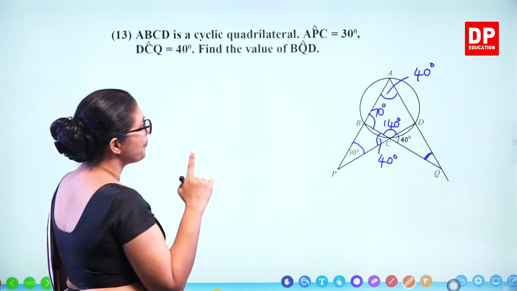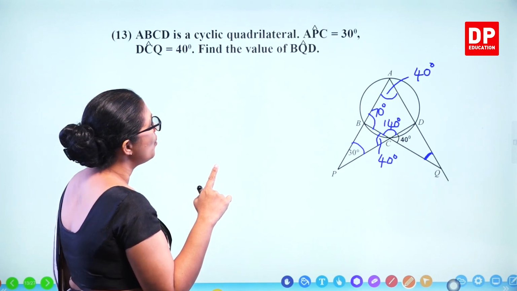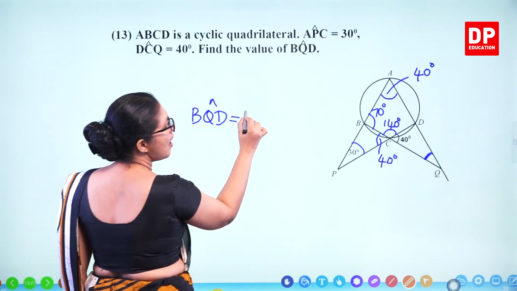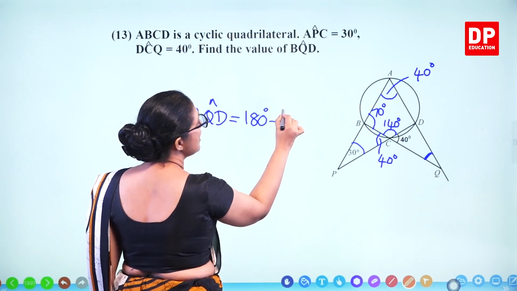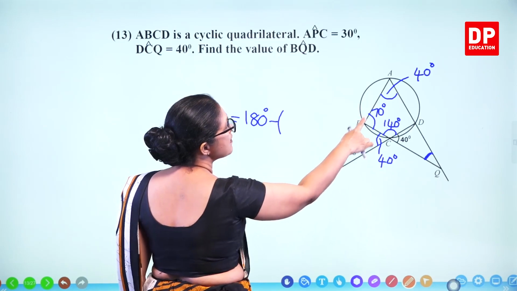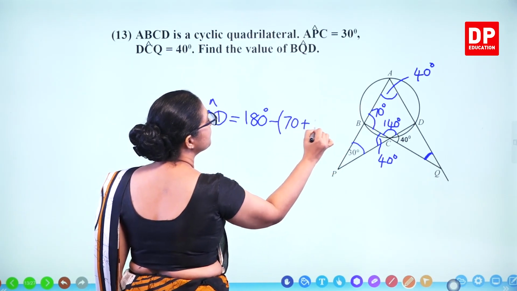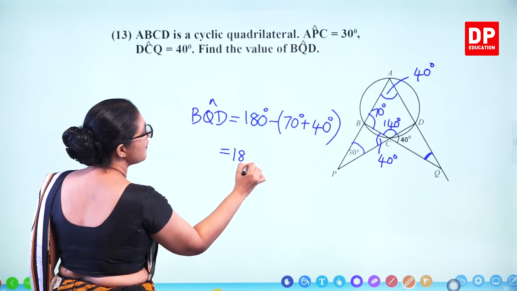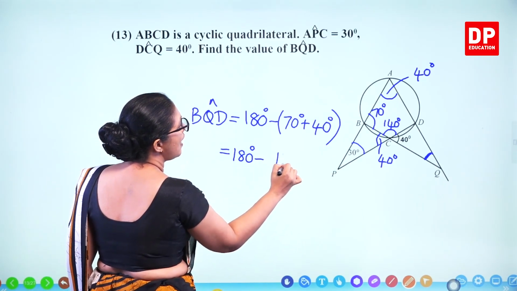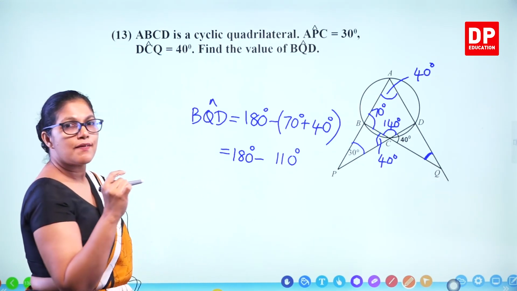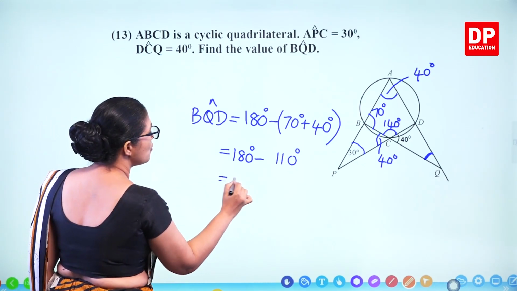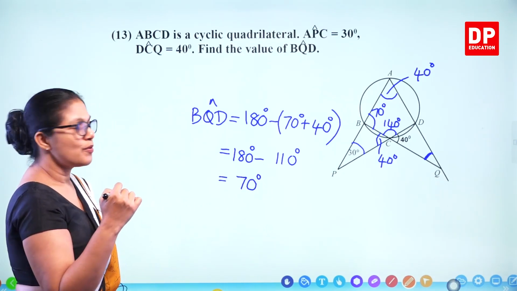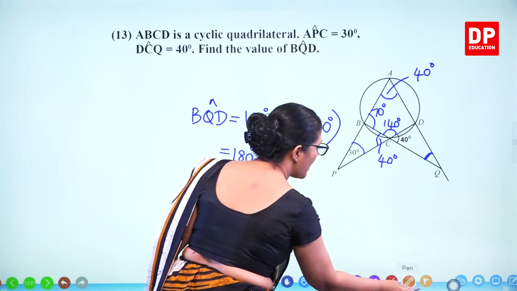So what's the BQD angle? 180 minus 70 and 40. 180 minus 110. So you get 70 degrees for that. So straight away you get 70. So 2 marks for that.